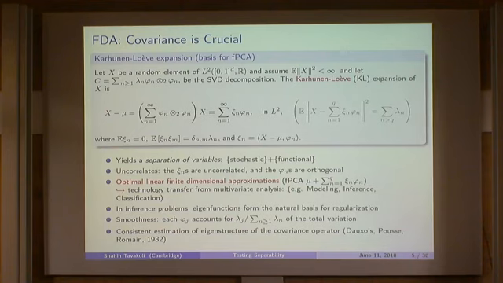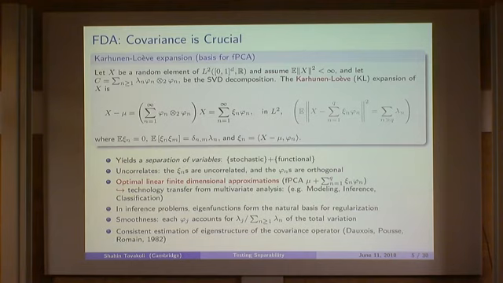And what the Karhunen-Loève expansion tells you is that if you center X around its mean, then you can write X in the basis given by the eigenfunctions of its covariance, and when you expand this you get that X minus mu is a sum of scores times functions. The scores are random and they are uncorrelated. The functions are deterministic and they are orthogonal.